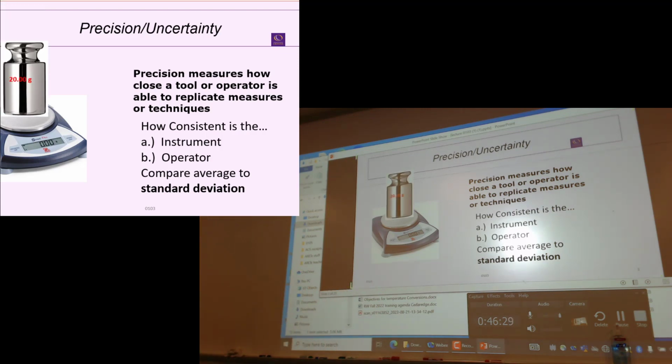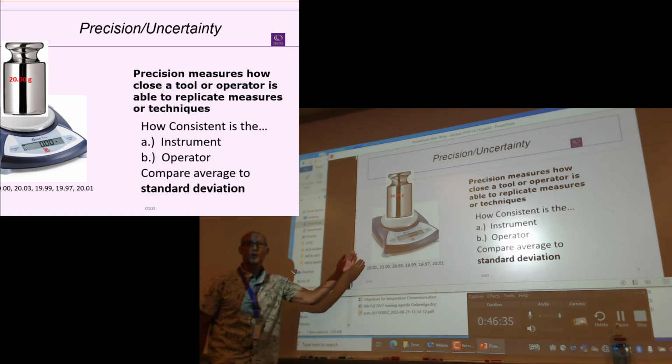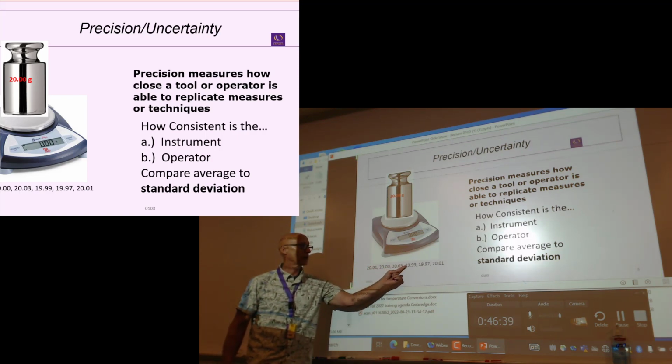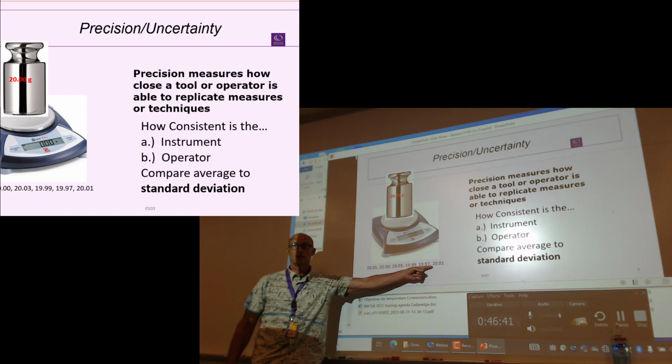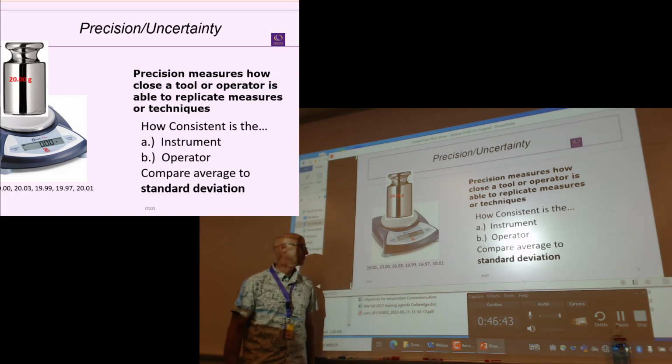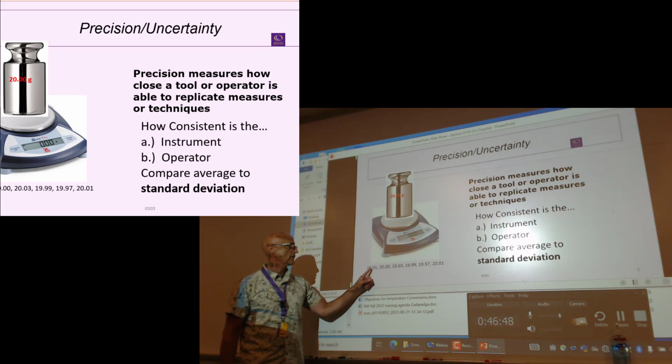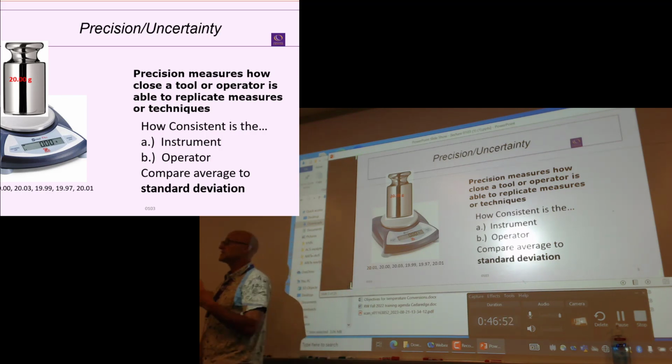So, on here, I would do it over and over and over again. I'm measuring 20 every time and see how it's varying in what place. Where's it really varying? Okay, these are tenths and these are hundredths. So its uncertainty or precision lies in the hundredths place.